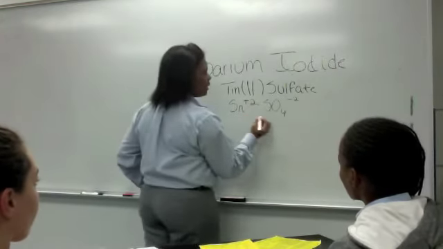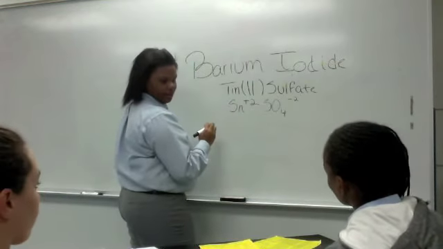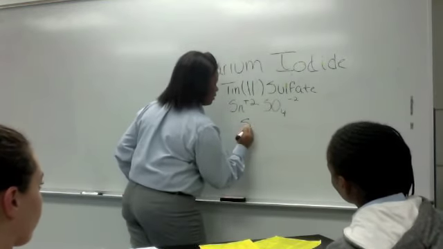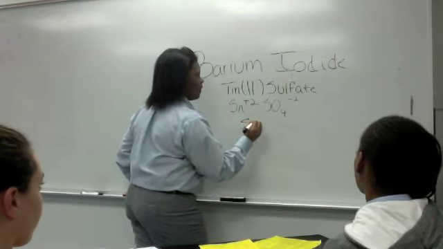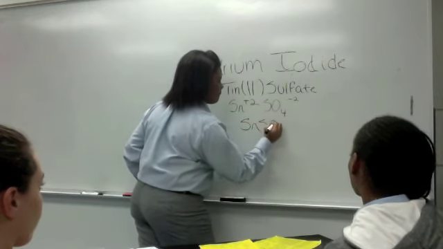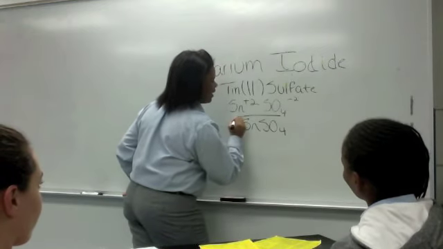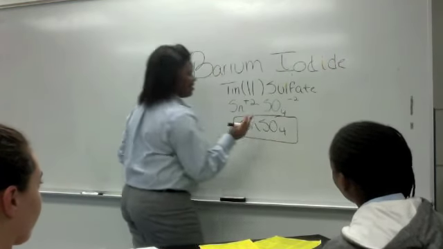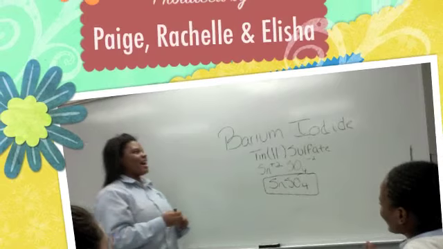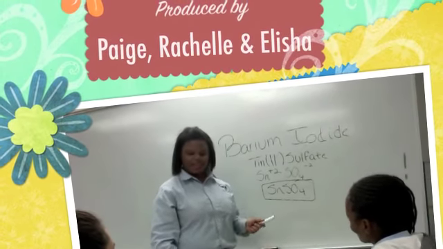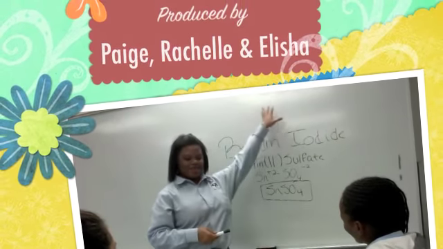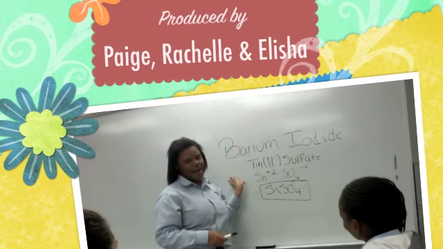Good. So what would my final answer be? Sn SO4. Right. And there you go. That's how we do writing chemical formulas for ionic compounds.